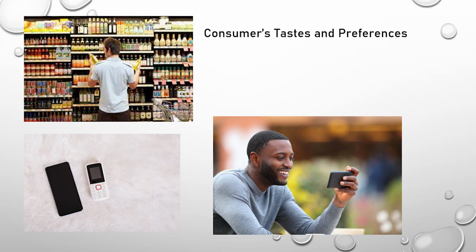For example, when consumers started preferring touchscreen phones over feature phones, the demand for feature phones went down without their price rising, while the demand for touchscreen phones went up without a fall in their price.